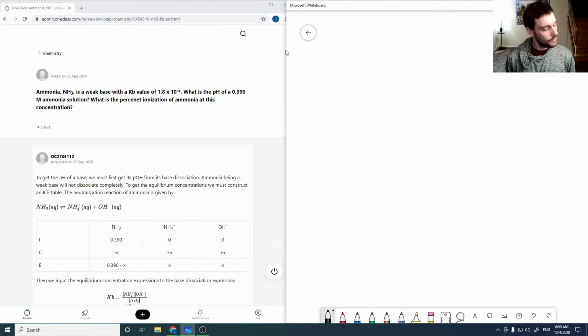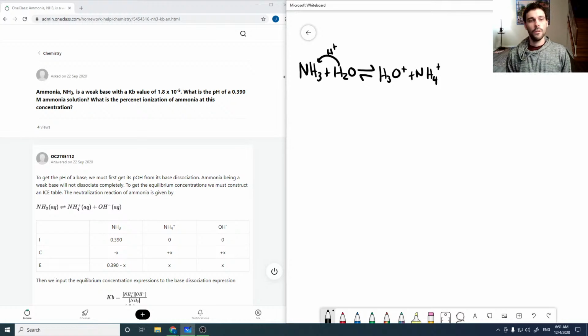All right, so now we have a similar question, except with base, in this case ammonia, so NH3 plus H2O is going to go to, we're given our base value, so that means we've got NH4 plus and OH minus.